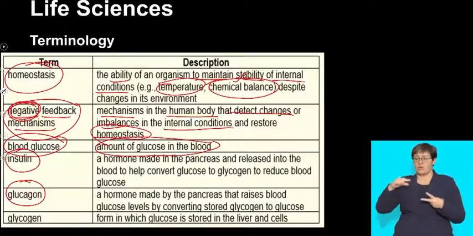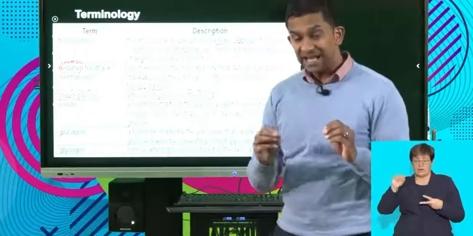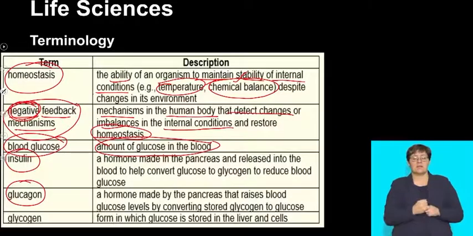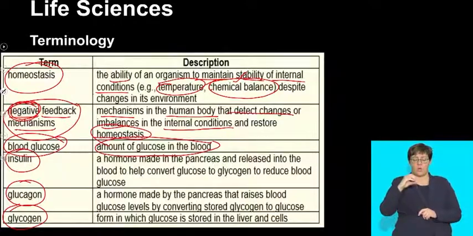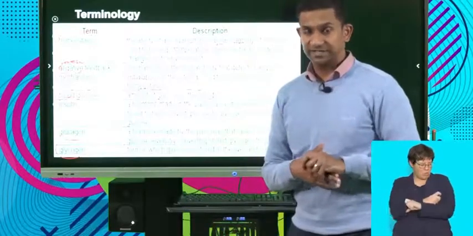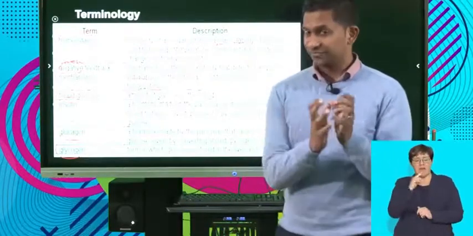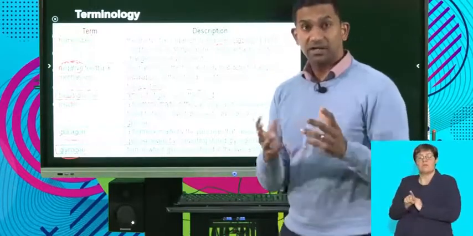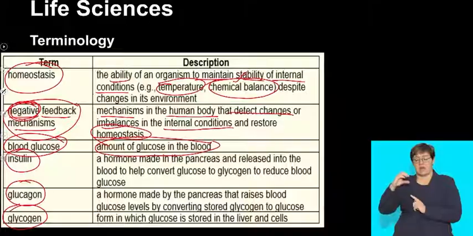And these are hormones again that are responsible for maintaining the blood sugar levels in the body. And finally, we're going to talk about a complex form of a carbohydrate which is called glycogen. And glycogen again is a complex carbohydrate. Essentially, the glucose is converted and stored in the body as a complex form of a carbohydrate called glycogen.